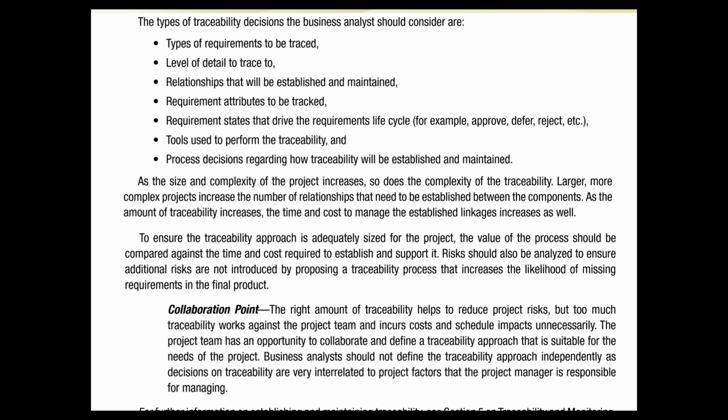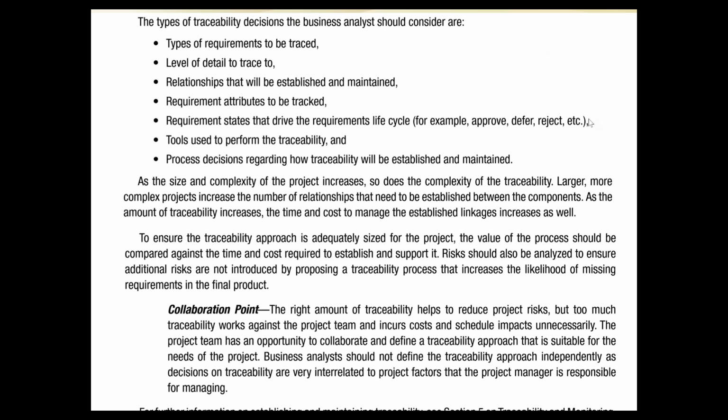So the status of the requirement, where it stands right now, tools used to perform that traceability, and process decisions regarding how traceability will be established and maintained. So these are very important factors you must consider.